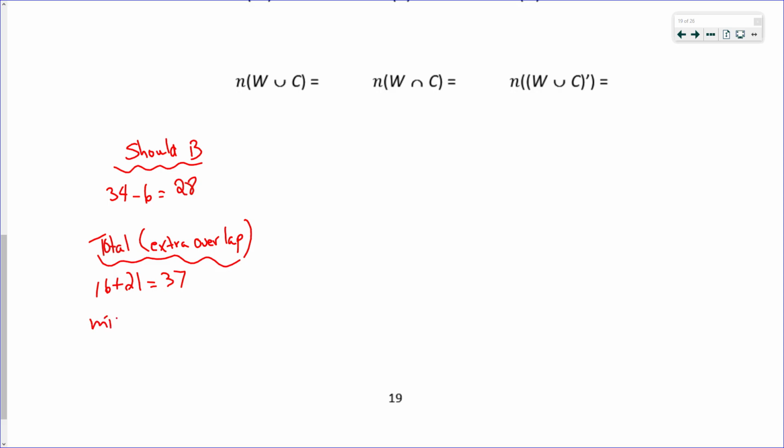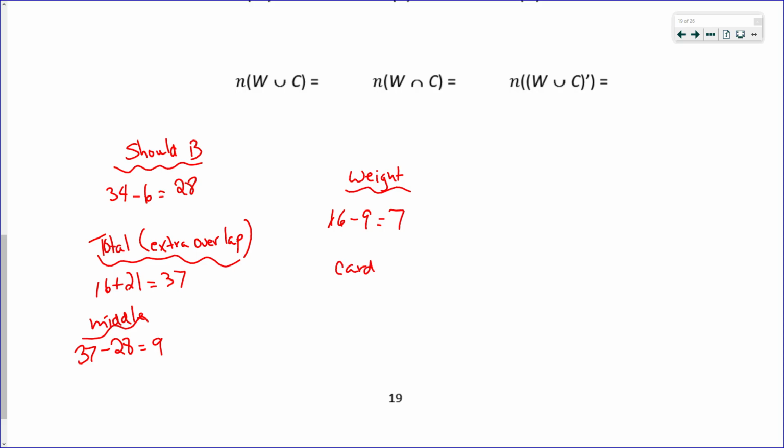To find the middle, I'm going to take my total minus how many people are over there, and what's left over will give me the overlap. So there's 9. Then to figure out how many people just do the weight training, I'm going to take the 16 that do it minus the 9 that's in the middle, and so I get 7 people that are just weight training.